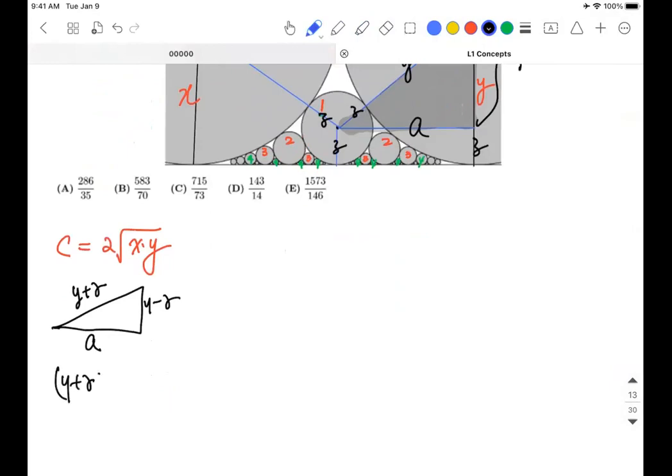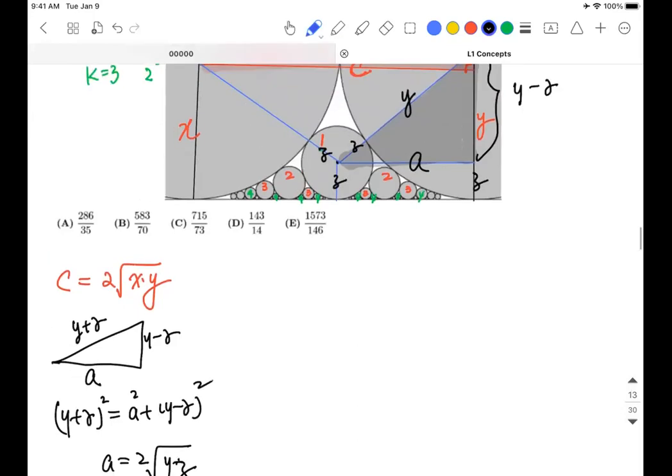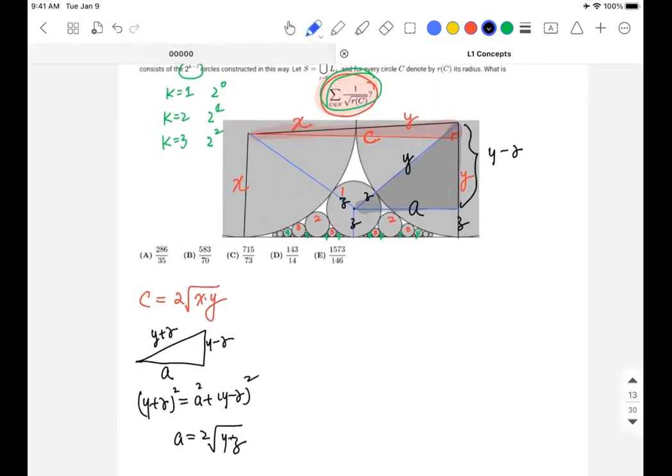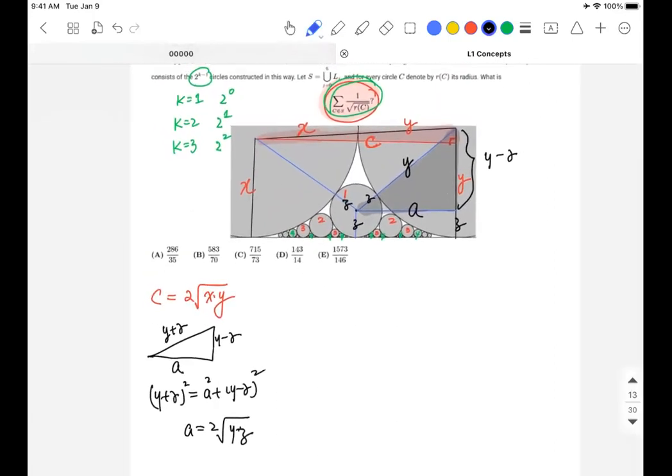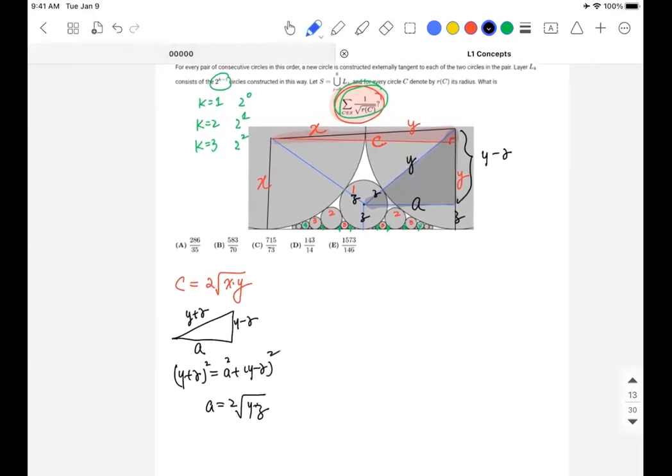Y plus Z squared, A squared, Y minus Z squared. So A is going to be equal to 2 root Y times Z. Do you guys follow me? Yes or no? Can I have some feedback? Are we good? A equals 2 under root Y times Z. You can use the Pythagorean theorem. There's nothing too flowery, right?